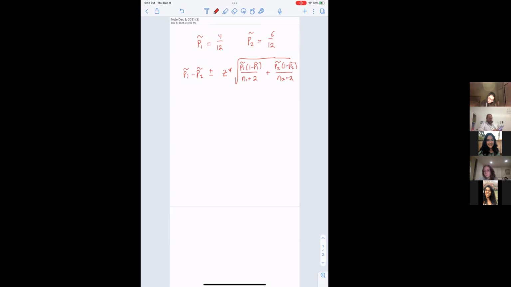Right. Okay, so 4/12 times 1 minus that over 12, and then 6/12 times 1 minus that over 12. And then I add those 2 numbers together, and then I take the square root of that.